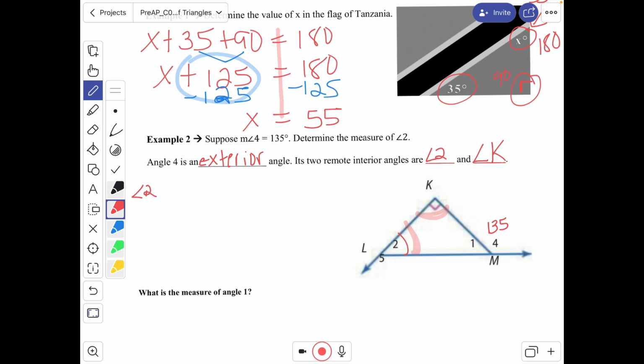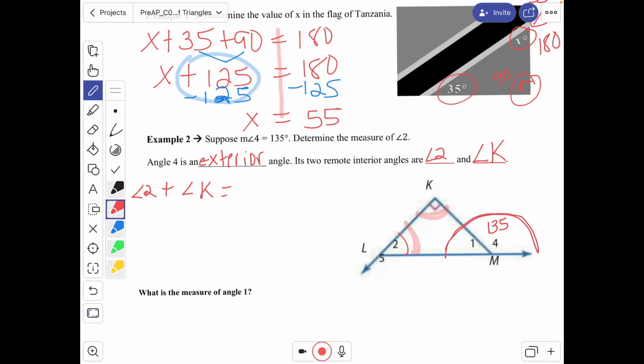So if we add angle 2 plus angle K, they should equal, what should they equal?